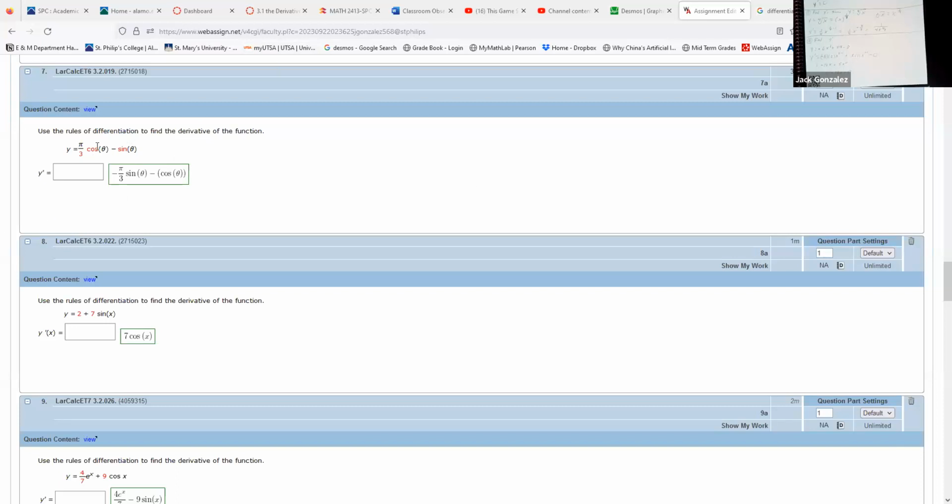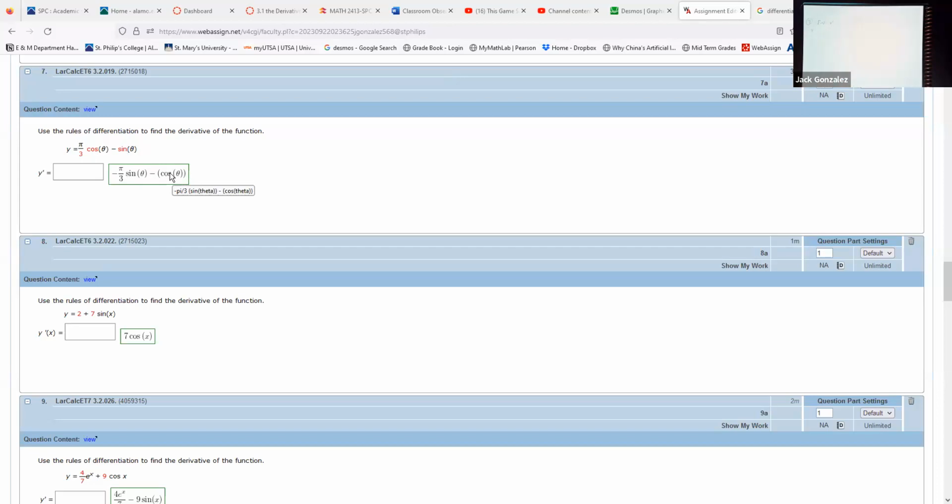What's the derivative of cosine in the notes? Yeah, negative sine. So negative sine times pi over 3 gives you this piece. Derivative of sine is cosine, so there we go. That's it.